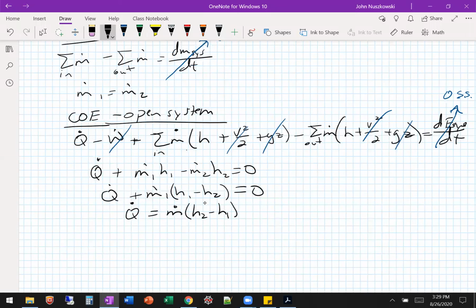All right, so we have a relationship for the rate of heat transfer. What do you guys want me to do with this?